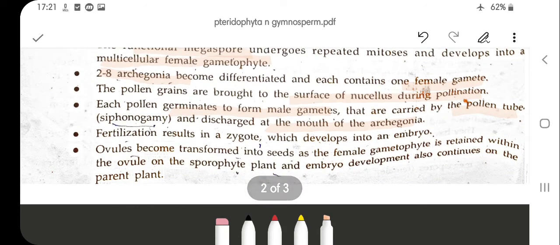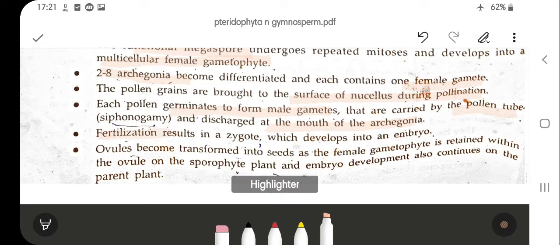So by pollination, the pollen grain falls on the surface of the archegonia, that is known as the mouth, and then fertilization takes place, meaning the male and the female gamete fuse to form the zygote.